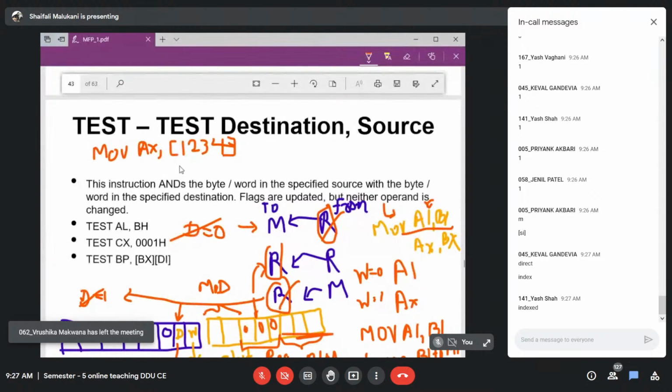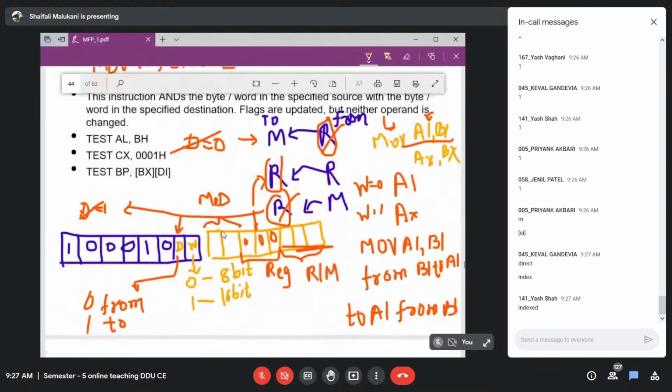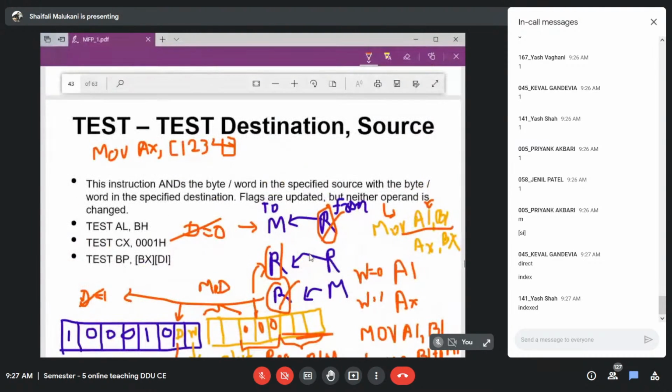Index mode is there. Then indirect mode, in which you can specify displacement, right? So many addressing modes will come into the picture now. The combination of mode and R/M is going to specify all the addressing modes.